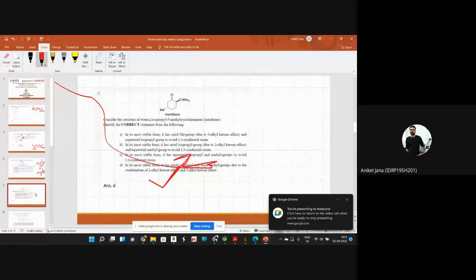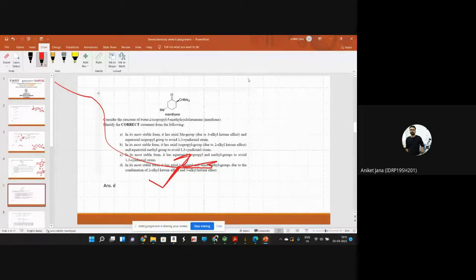Okay, let's move to question 4. Tell me which is the correct answer in option 4. This is a menthone, right? As in cyclohexane, the C double bond O carbonyl group is there. So this is the structure of menthone.